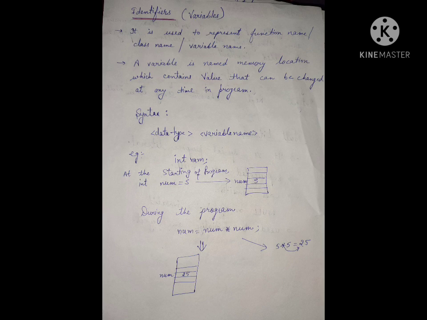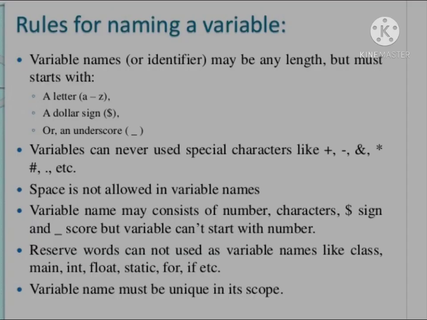Look here, at the start of the program, num stores the value 5, but during the program its value is changed to 25. Now learn the rules for naming a variable. A variable name is a combination of letters, numbers, and special symbols like the $ sign or underscore, but must start with a letter, $ sign, or underscore only.